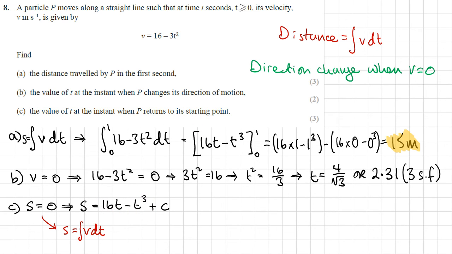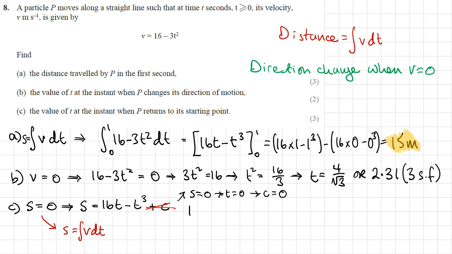So s is 0, t is 0, and when we substitute this in, we'll actually get a constant equal to 0. So we can forget about that. So it's now about setting this equal to 0.